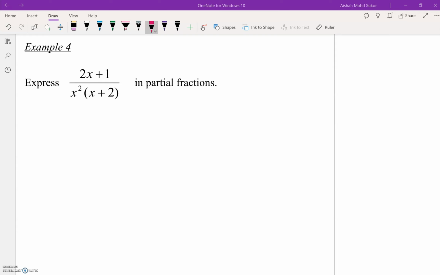Example 4. Express this proper fraction in partial fractions. By looking at the denominator, we have here a repeated linear factor and a linear factor.